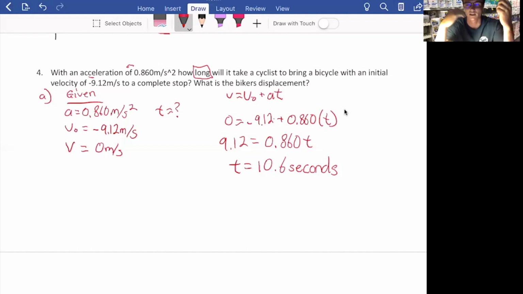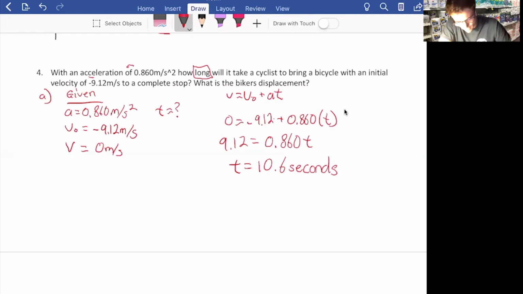That means that our cyclist is slowing down. You could have easily switched the direction of the cyclist and made the same question; we would just have to have a negative acceleration at that point. That's just bonus information. You don't have to worry about that.